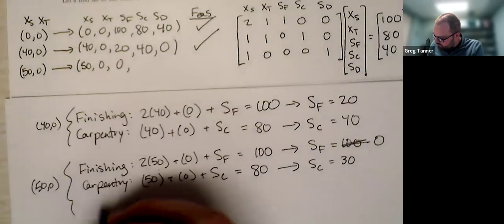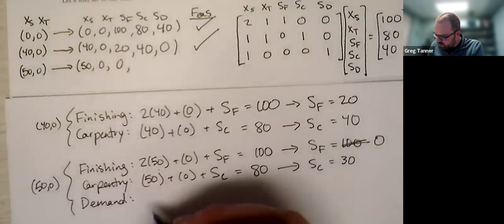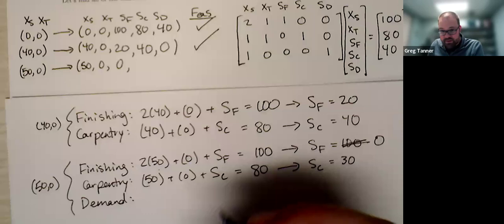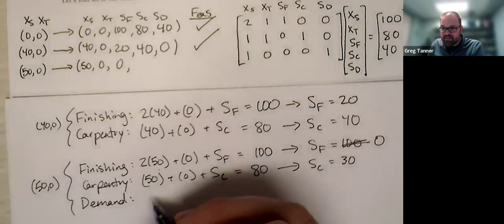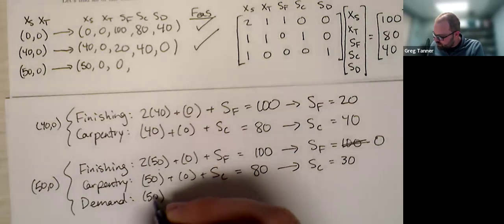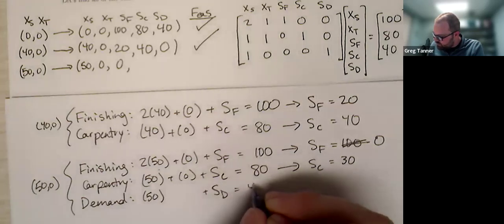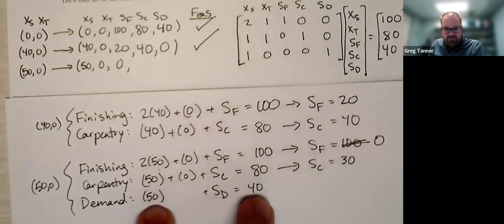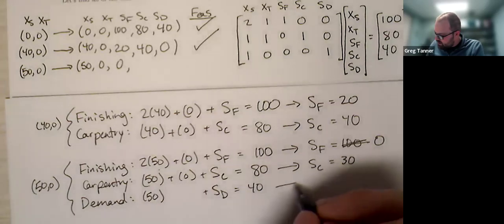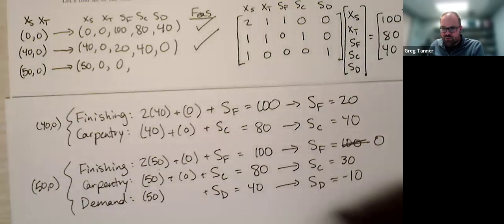And then finally, let's actually look at demand, because we're not on the demand constraint. And so I know I have a non-zero amount of slack. So here I've got 50 soldiers plus S demand equals 40. Now, if I subtract 50 from both sides, I get that the slack in the demand is -10, meaning that we've gone over our demand for soldiers.